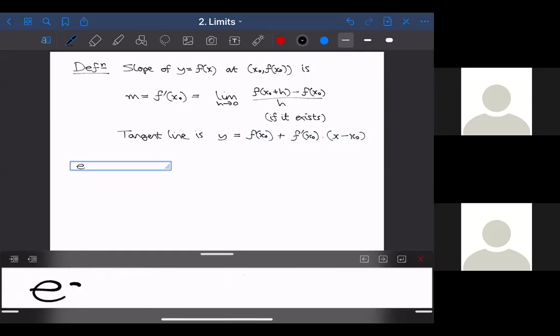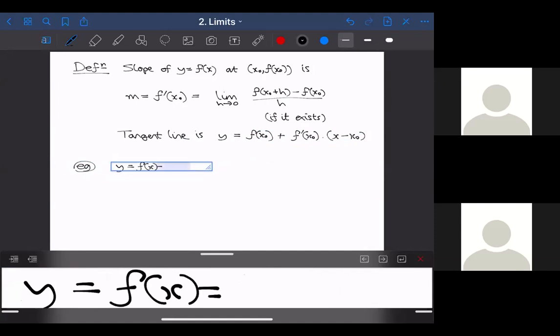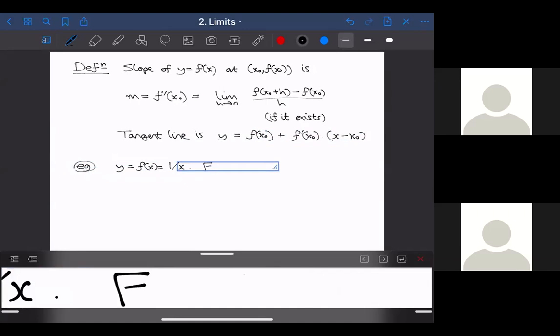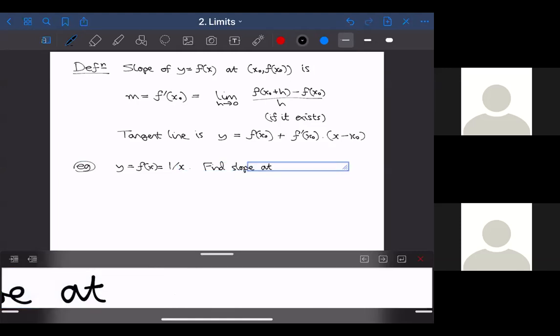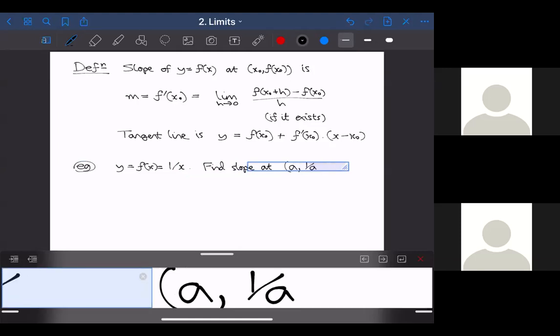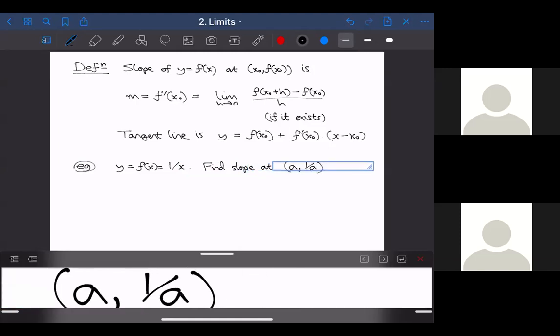So for example, if I put y is f(x) and the function is 1 over x, and I want to find the slope at a, 1 over a, for a not equal to 0.